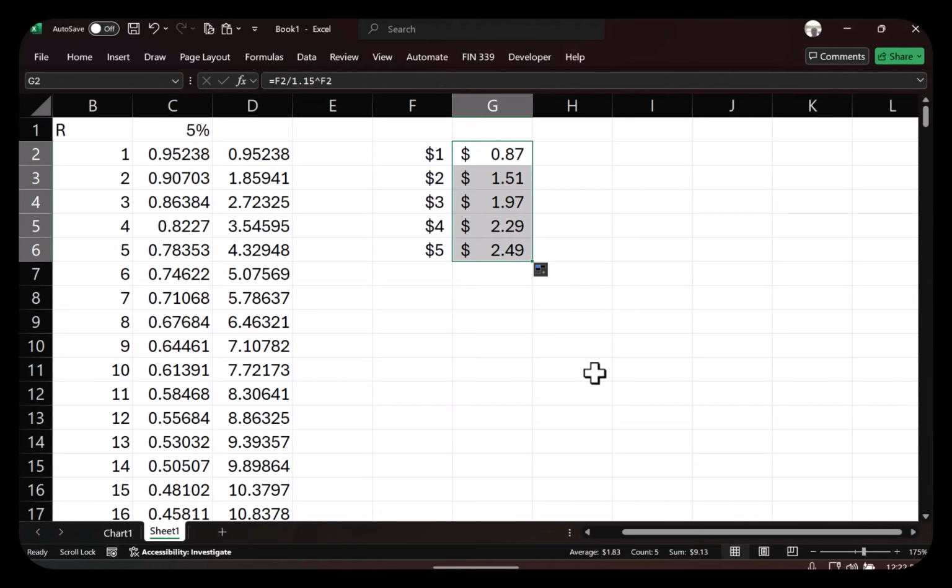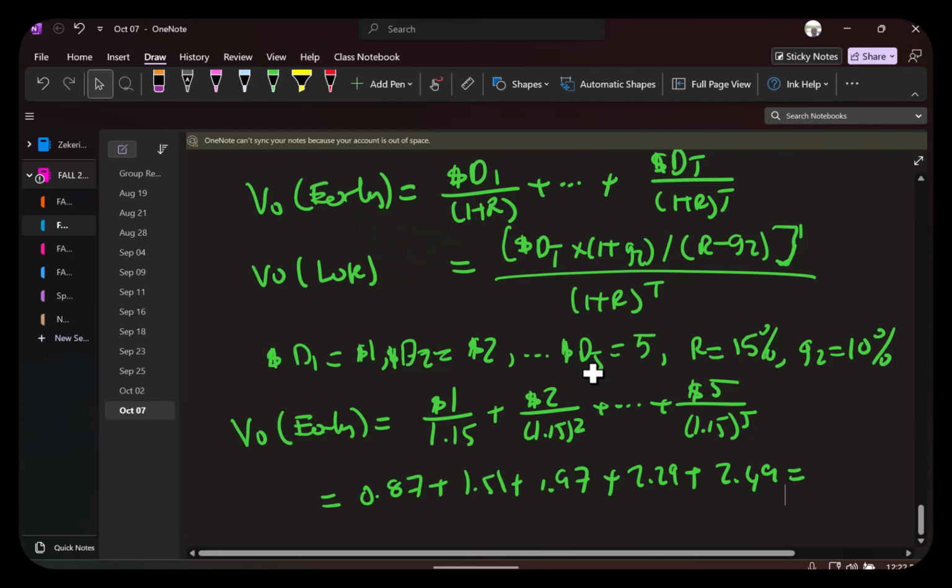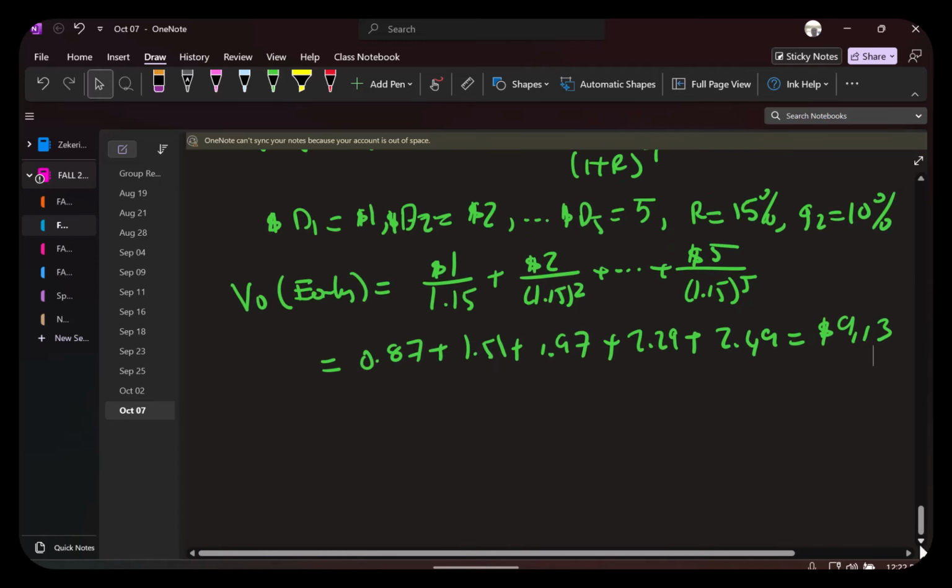If you add them up, you get 913. So that's the value of the early company.